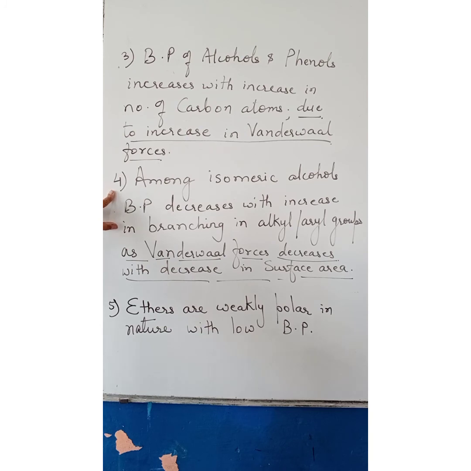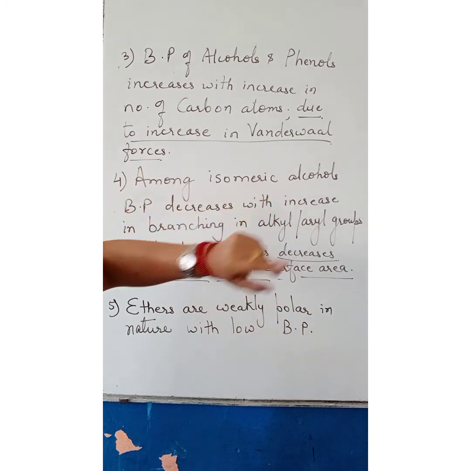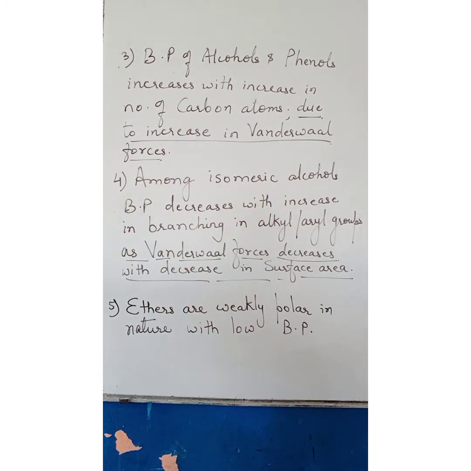The fourth key point is, if we are having isomeric alcohols, isomers are those which have the same molecular formula but different structural formula. So among isomeric alcohols, the boiling point decreases with the increase in branching in alkyl or aryl groups.